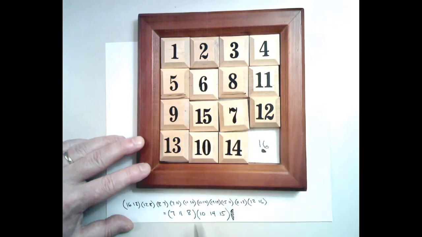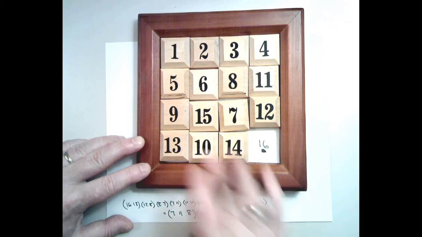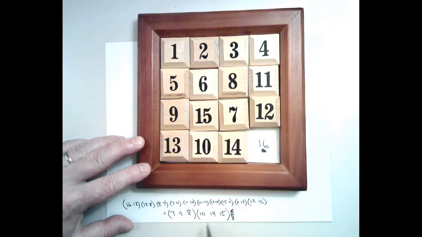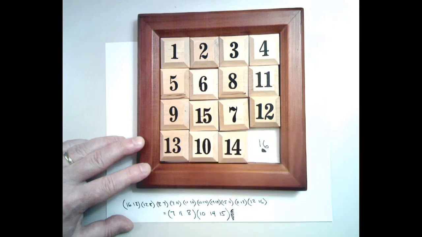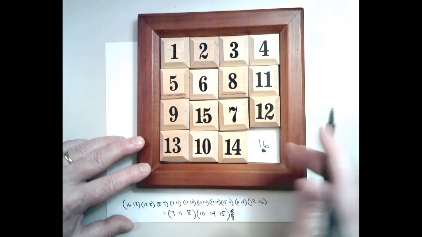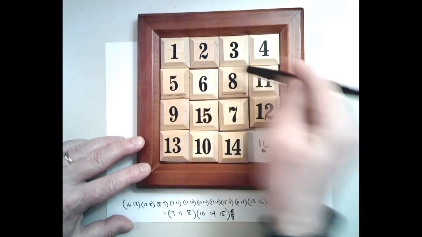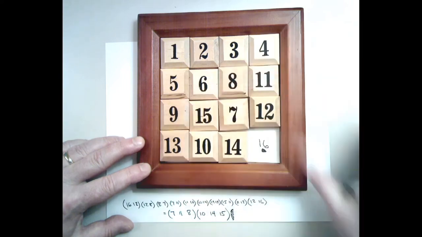Yes, it is. This says that tile 10 should be in position 14. There it is. Tile 14 should be in position 15. Yep, sure is. And tile 15 should be in position 10. There's tile 15 up here, and that's position 10.